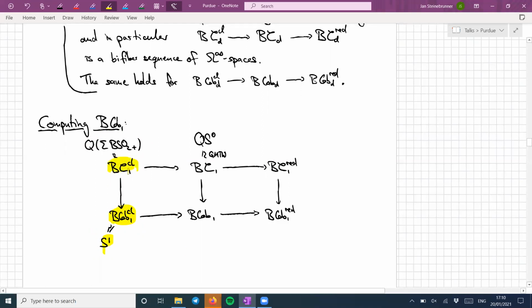Up here, it's a bit more tricky, but it's also completely classical. This is freely generated by the moduli space of one circle, which is equivalent to BSO(2), and therefore you get this free infinite loop space here. All right. And now we're good to go if we know what this map is, but luckily this was worked out in work of Galatius.